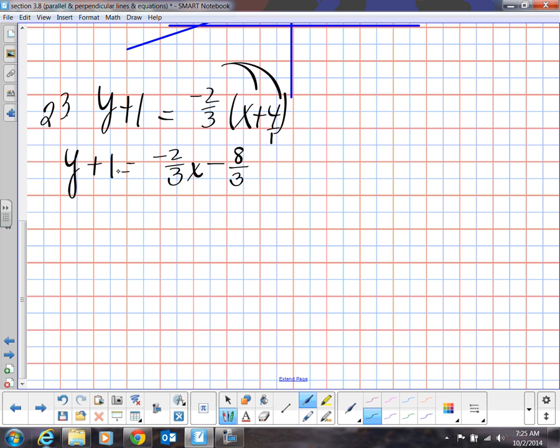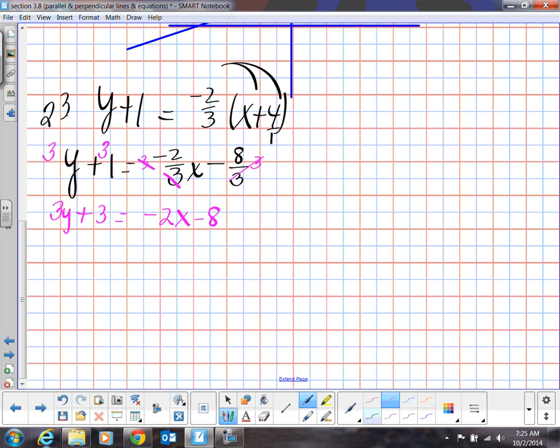Kayla, do you want to eliminate denominators or just subtract 1? Okay, so how do we eliminate denominators? Right, we're going to multiply everything, and those 3's are gone, by 3. So you'll have 3y plus 3 is equal to negative 2x minus 8.